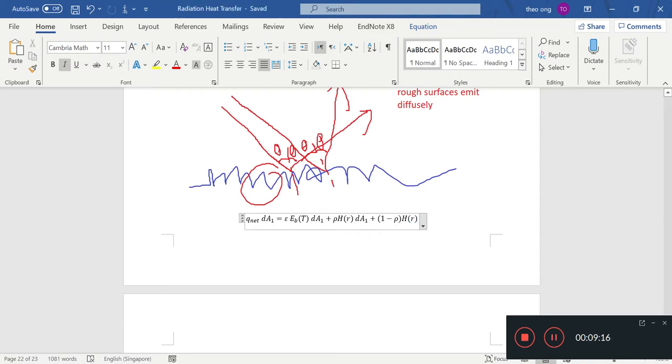So yep, we have to multiply that by the area dA1. And I think we have to do a subtraction here, because that is the amount received, right? That's the amount received. So it's 1 minus the reflectivity, and that goes into HR dA1.